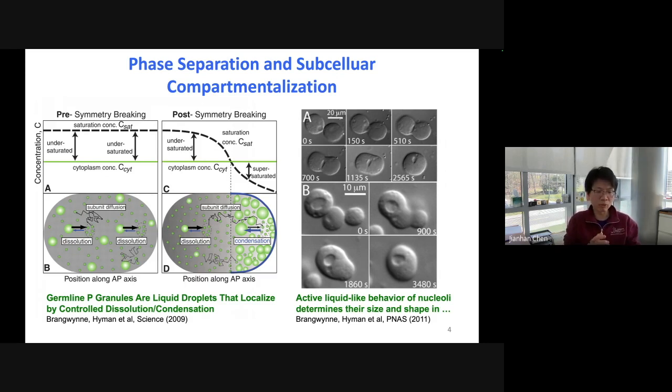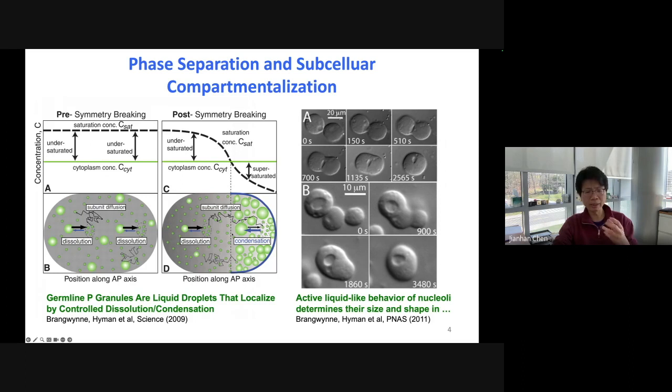So the major discovery was made in 2009: what they showed is that, for example, these P granules are actually liquid-like droplets in our cell. For example, they showed that they can merge, they can wet the surface. More importantly, they showed that they appear to form, condense, or dissolve as a function of the concentration.